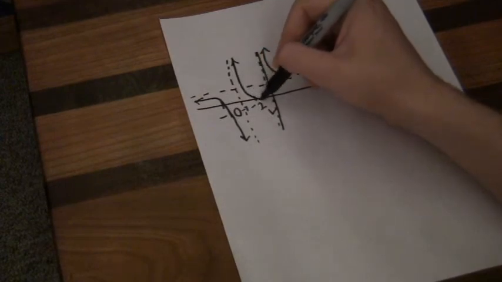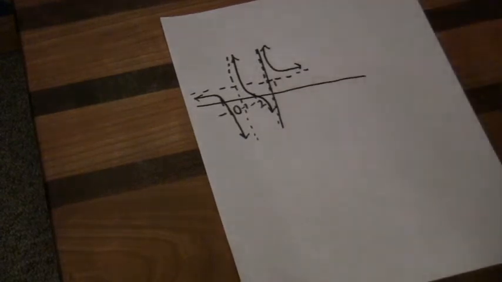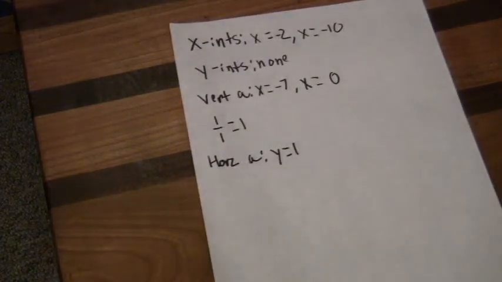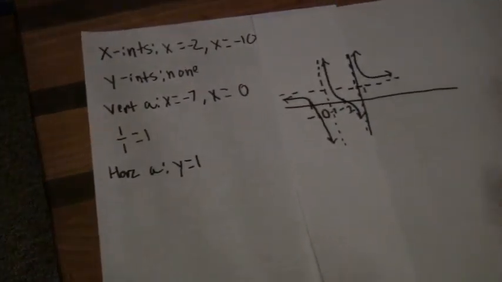Kind of curves through this spot. Ba-boom! Goes on forever. So now, we started with this, and we were able to find all of this information. And from that, we're able to make this graph. Aren't you the smart one?